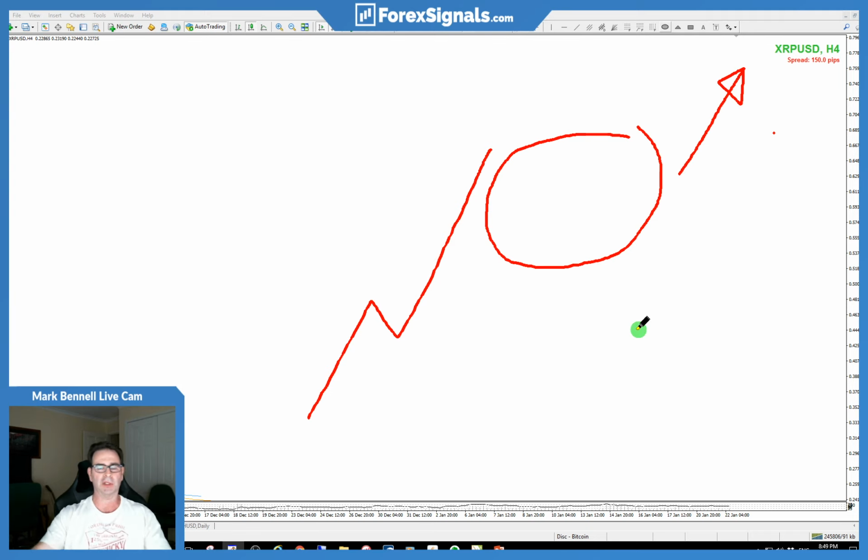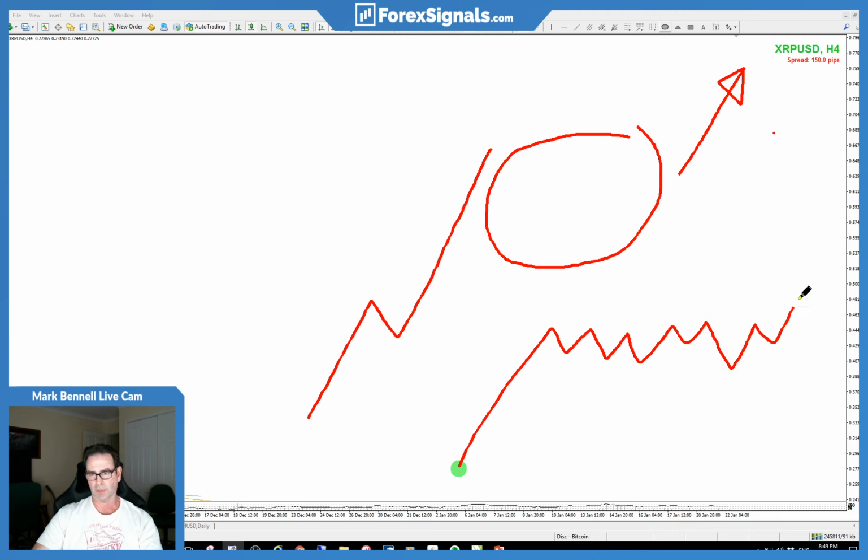We can come up with any sort of fancy name for it or look-alike. It's just a continuation pattern, isn't it? Yeah, that's a good one. True, that's one of my favourite.